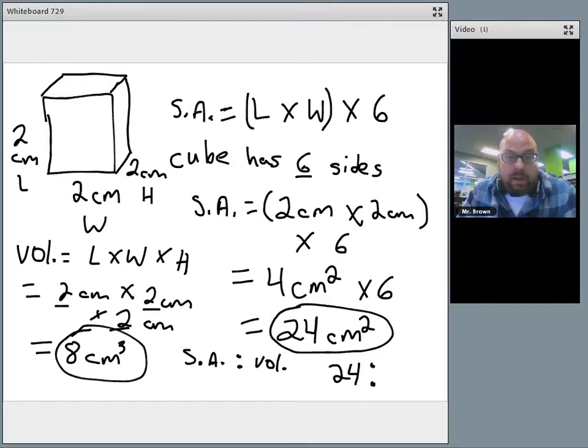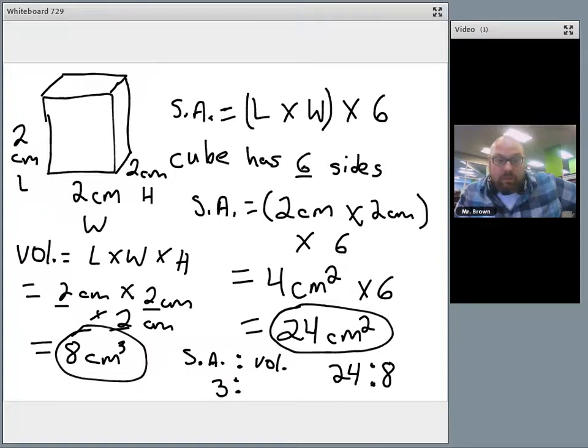24 to 8. But for full credit, much like a fraction, you can reduce this. So you can divide 24 by 8, and you come out with 3. Divide 8 by 8, and that's 1.